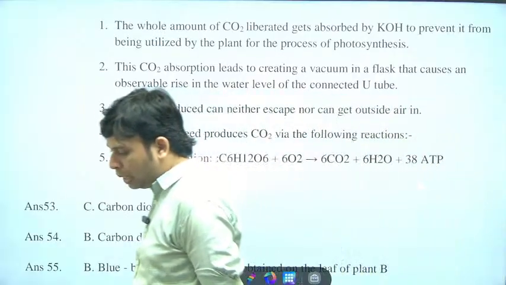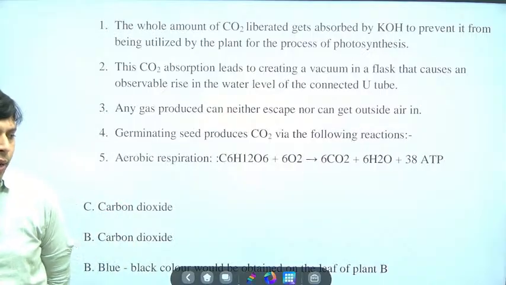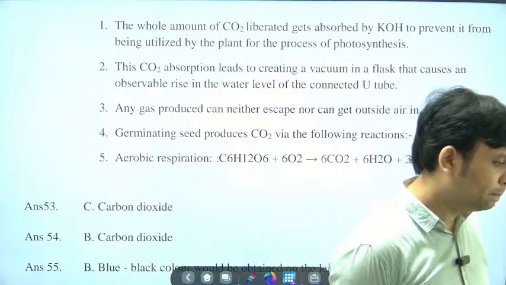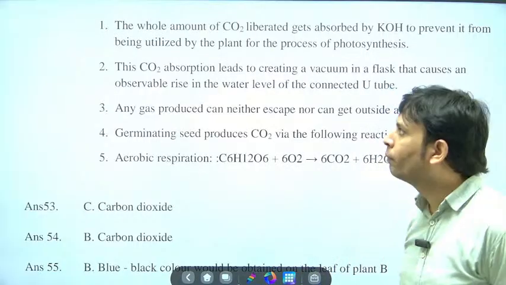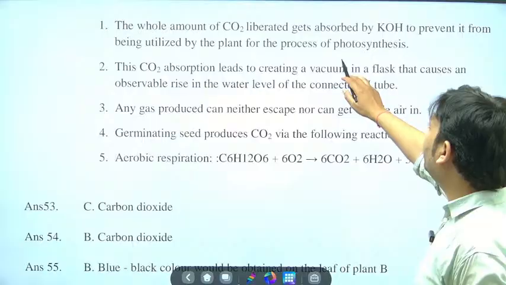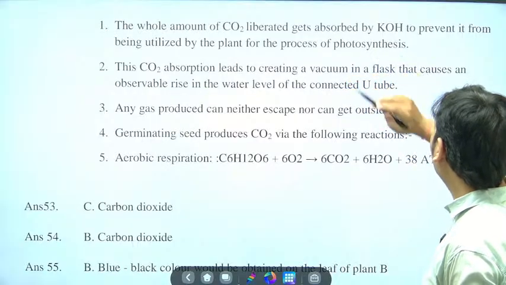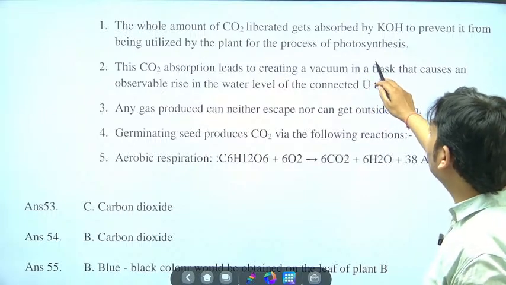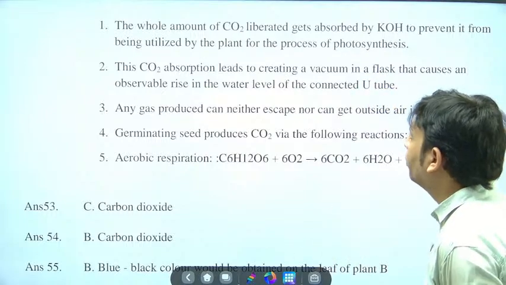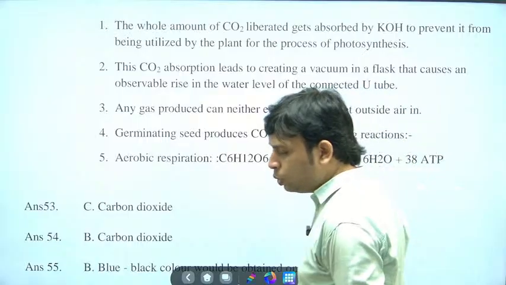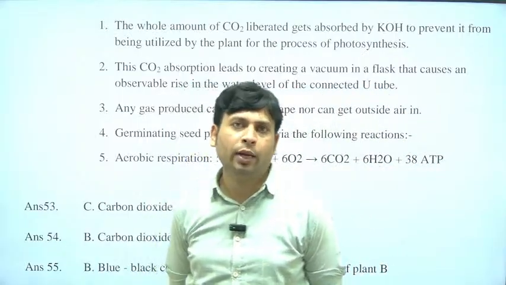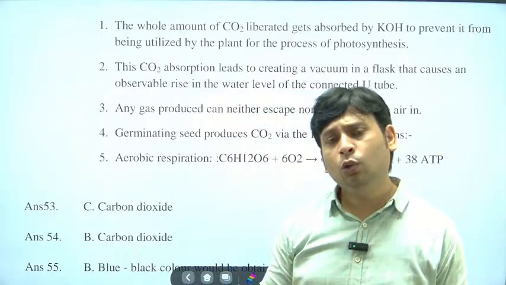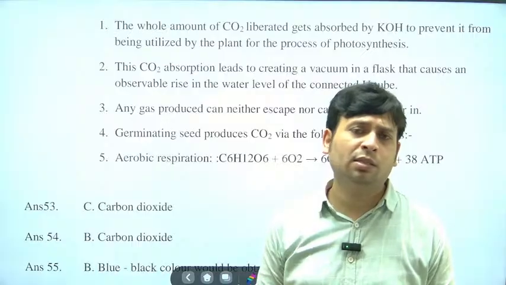So again we see why potassium hydroxide is needed here. The whole amount of carbon dioxide liberated gets absorbed by potassium hydroxide to prevent it from being utilized by the plant for the process of photosynthesis. Potassium hydroxide absorbs the carbon dioxide, so the plant does not use the carbon dioxide released.